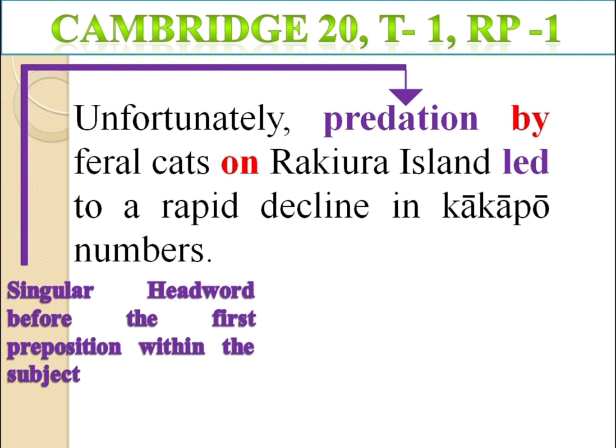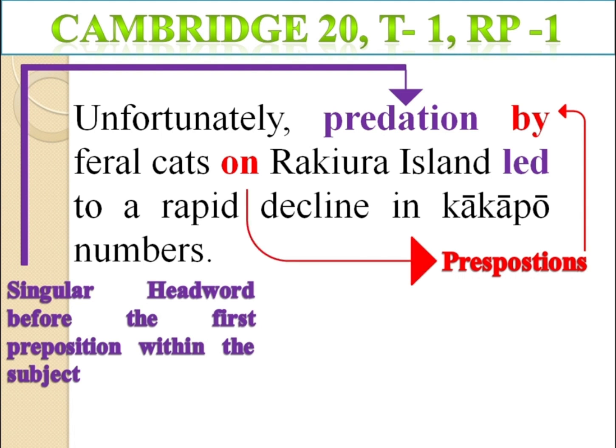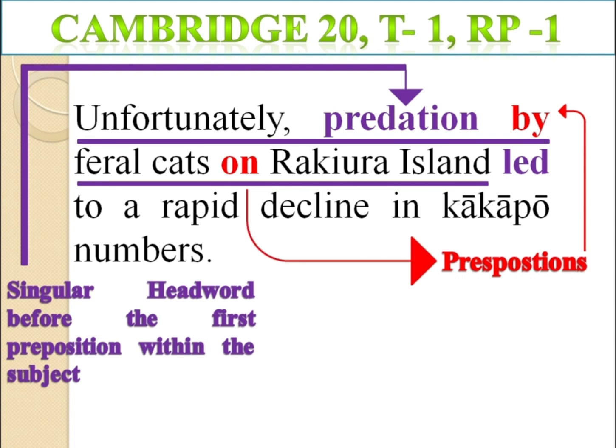Here you see two prepositions, one is by and another is on, and the first preposition is by, and before it there is the headword. So the prepositions are by and on, and the complete subject is: unfortunately, predation by feral cats on Rakiura Island.